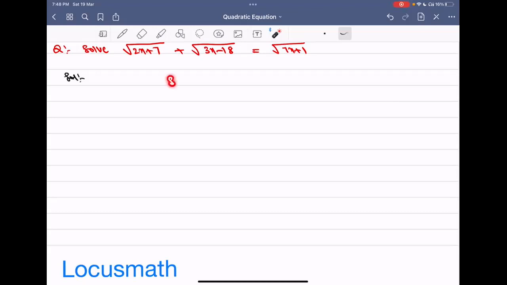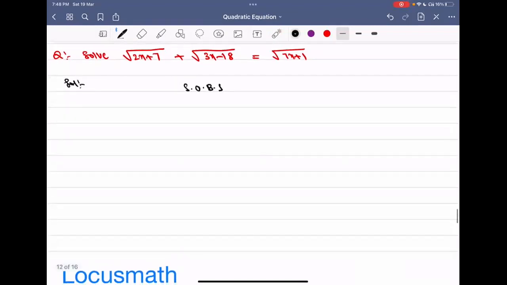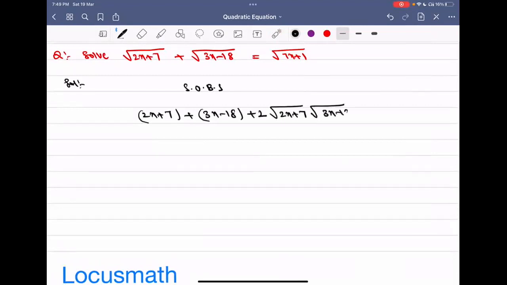So the first step is to square on both sides. If you square on both sides, then what you get? Here a plus b whole square, that is 2x plus 7 plus 3x minus 18, a square plus b square, plus 2ab, 2 times root 2x plus 7 into root 3x minus 18, is equal to 7x plus 1.